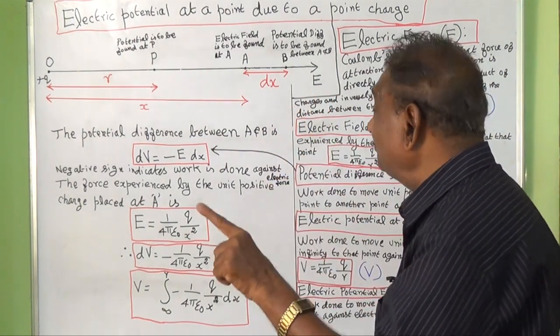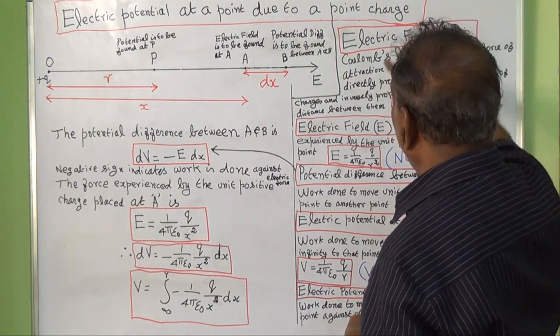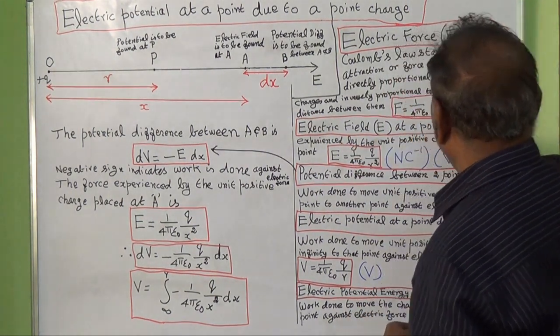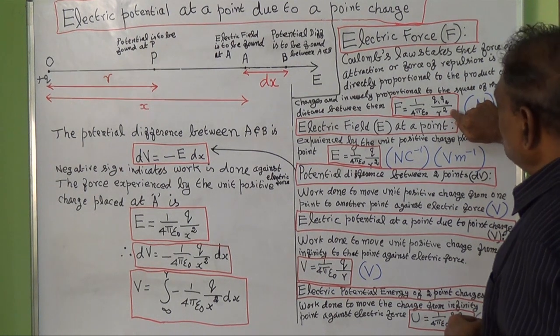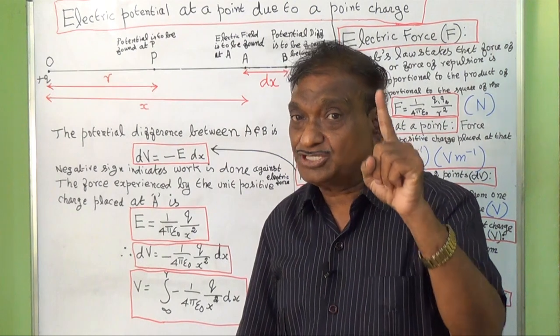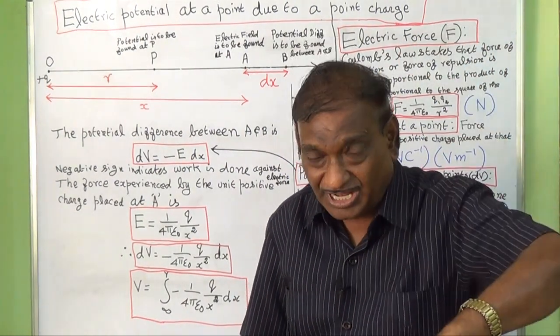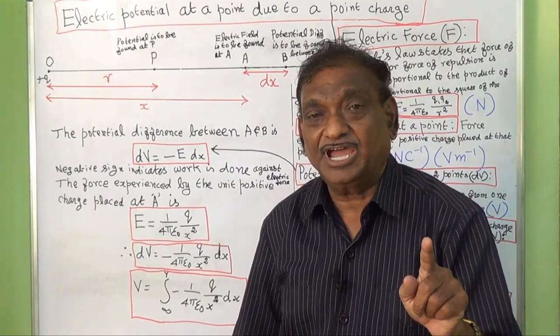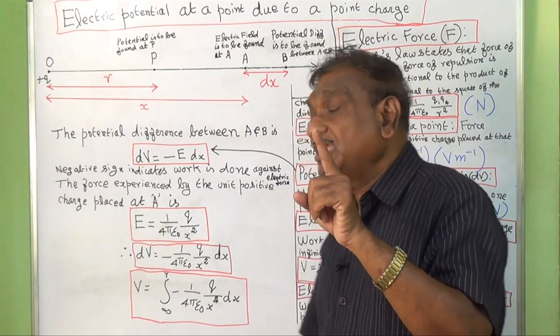That is in the case of the electric force and also in the case of the electric field. See the denominator, here there is R square, here also there is R square. In the case of the electric potential and electric potential energy, in the denominator R square is not written, R is written.